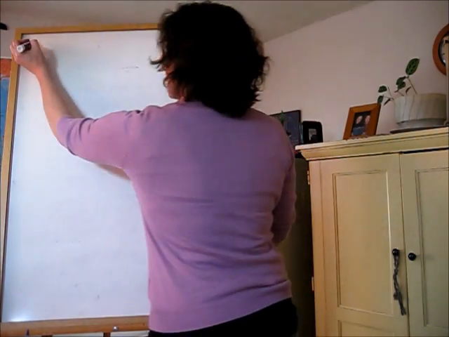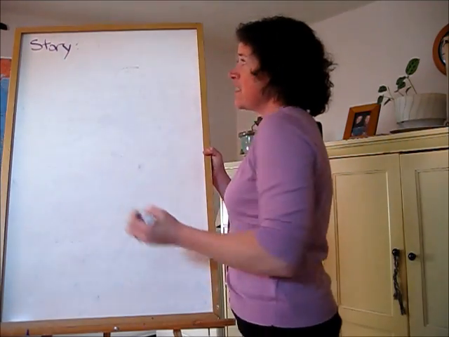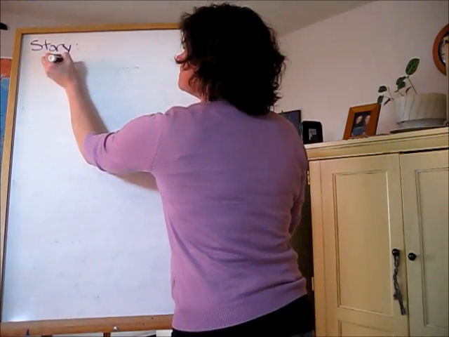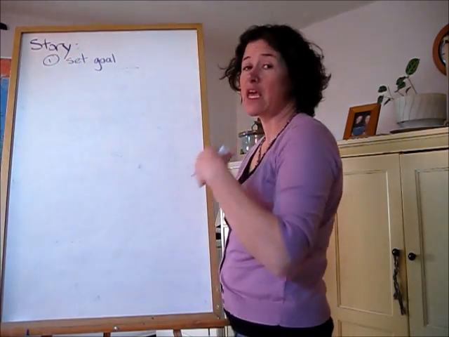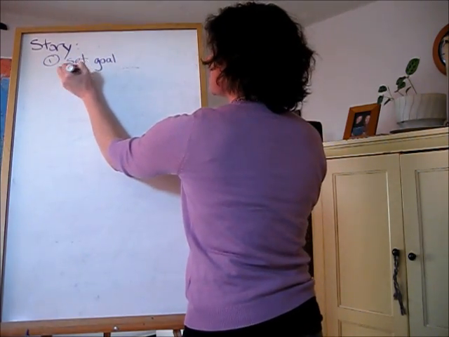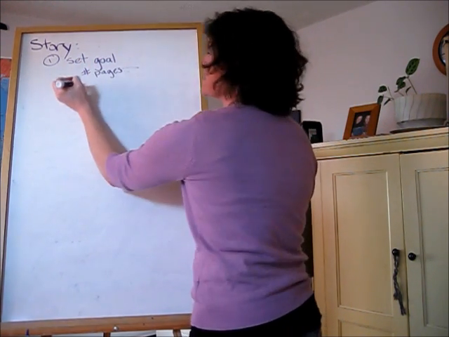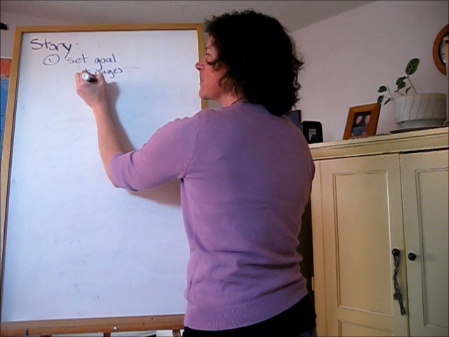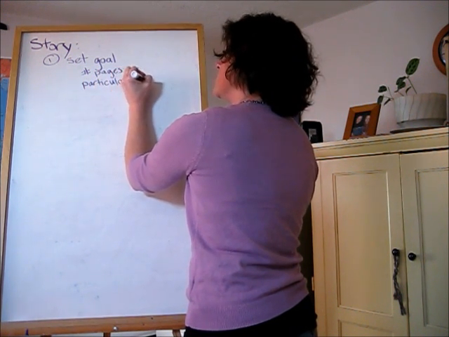So if you have a story that you want to continue to work on, set yourself a goal. And that might be a number of pages that you want to complete. Might be a particular scene that you're feeling like, oh, I really need to write that scene this week.